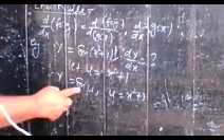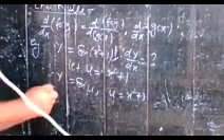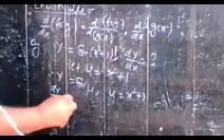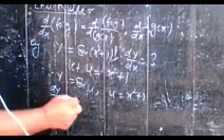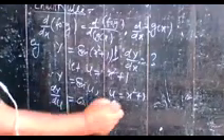You have y which is a function of u, so here you find the value of dy by du. The derivative of sine u with respect to u is cos u. And here you take du by dx.